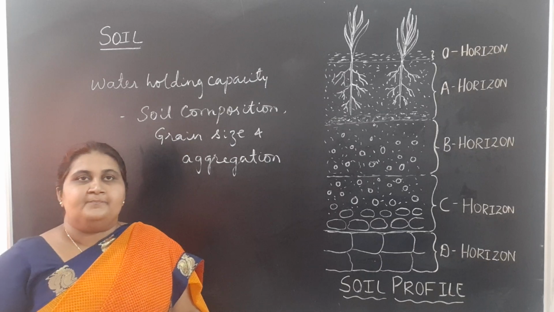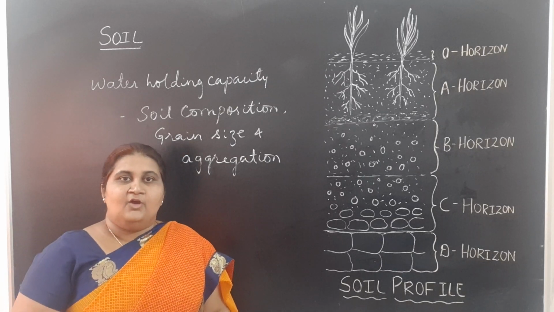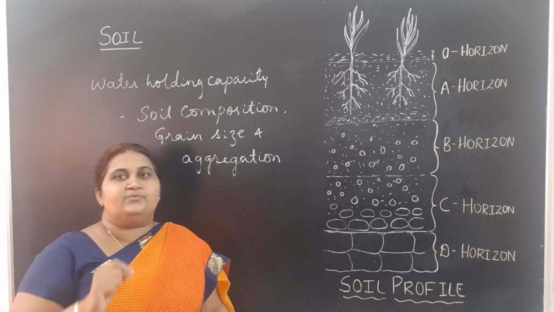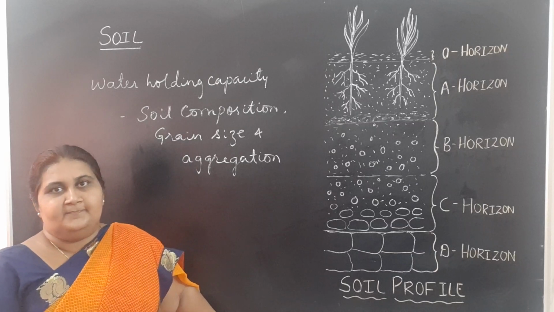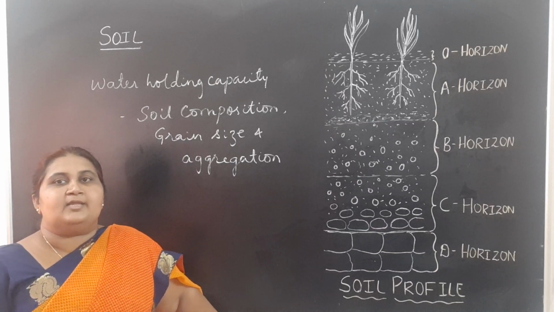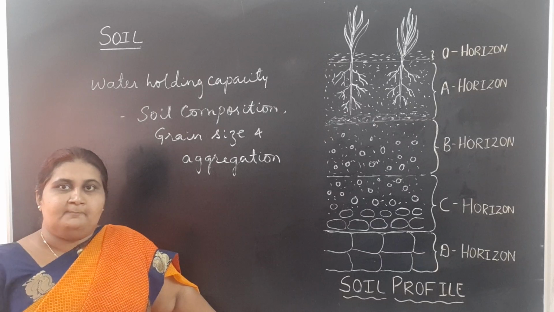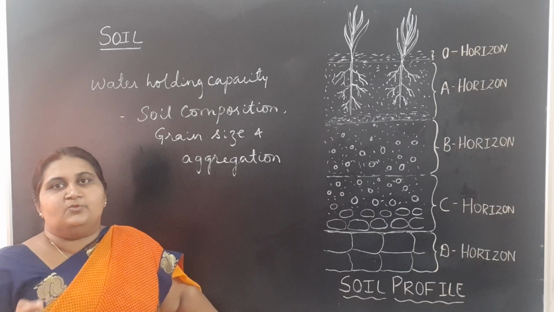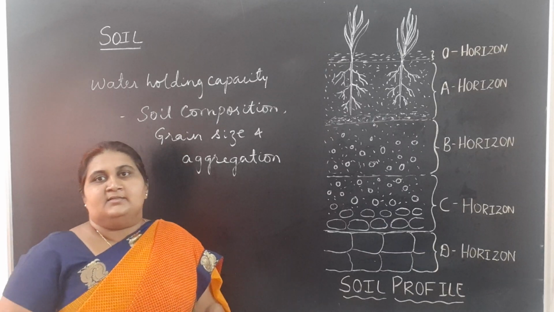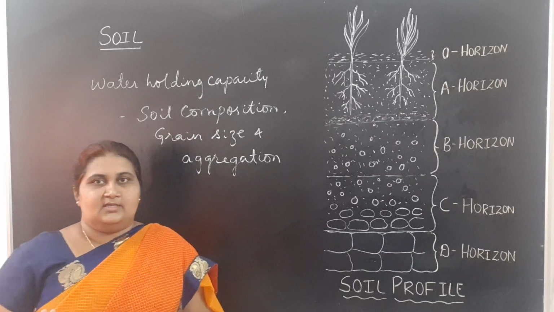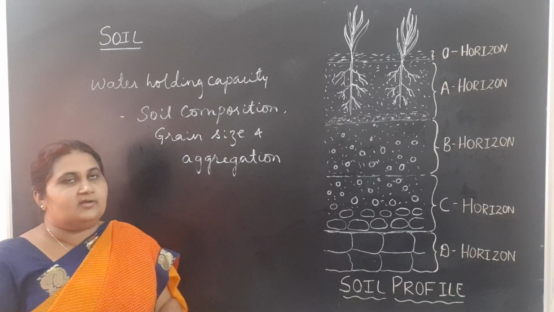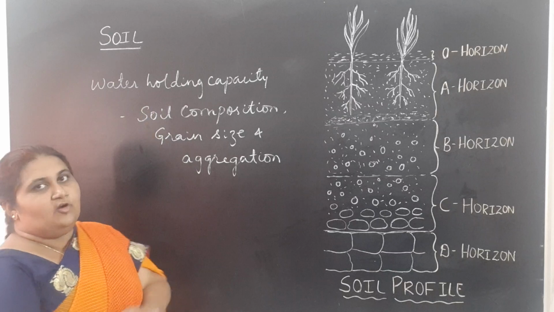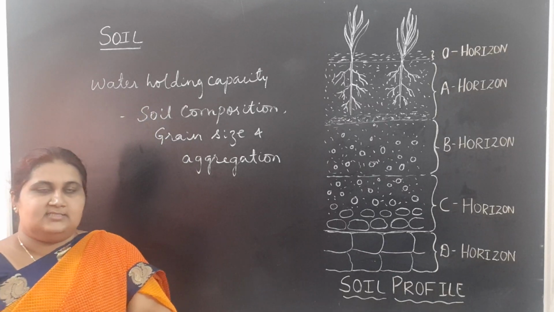Or, put another way, the amount of water present within the soil between the capillary pore spaces after the movement of percolating water or gravitational water is called water holding capacity.